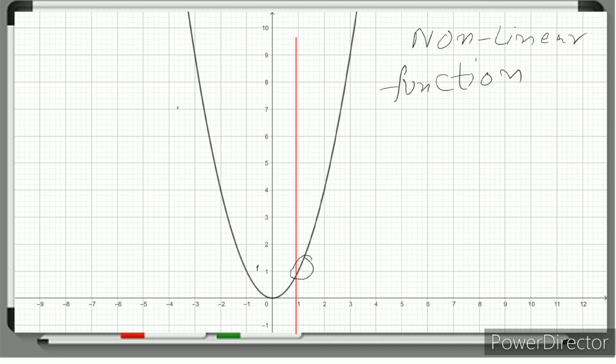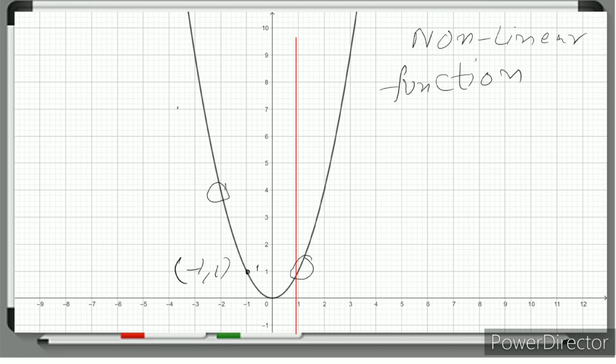See, if I look at this graph, one point is here, x value -1 comma y value 1, and another point x -2, y 4, boys.